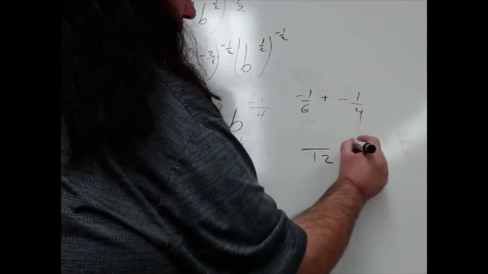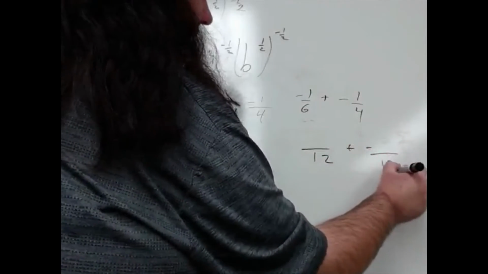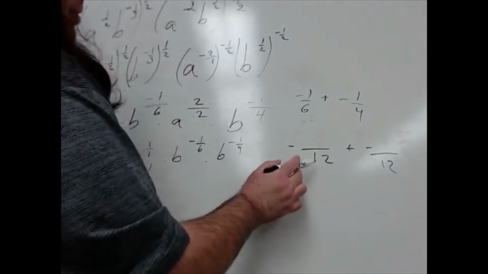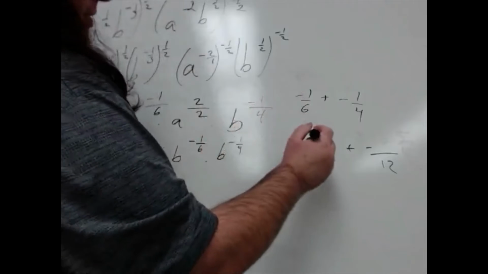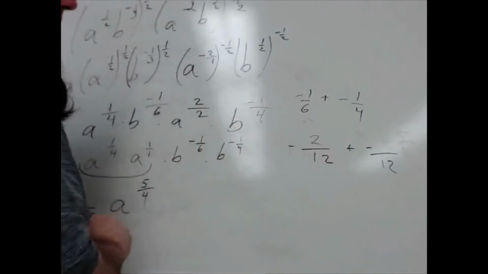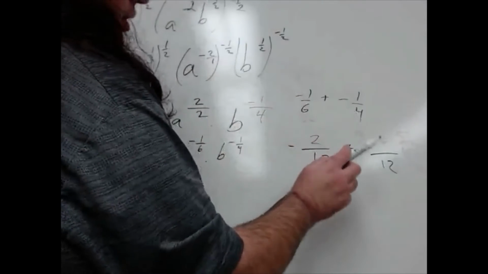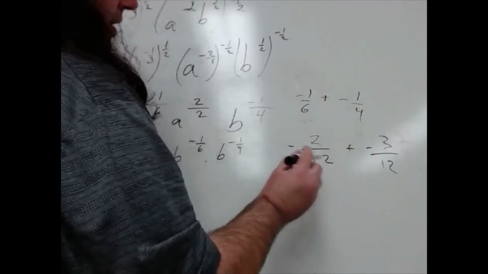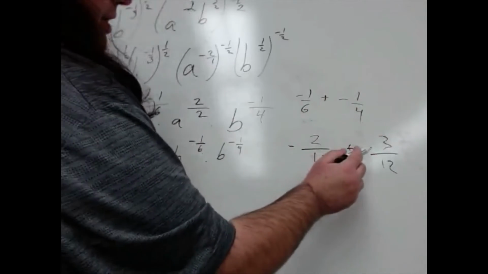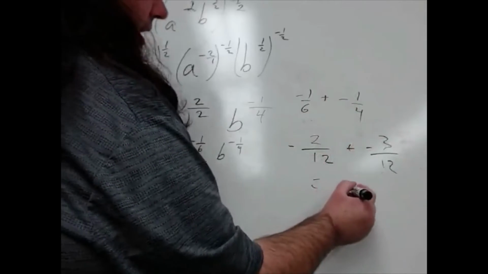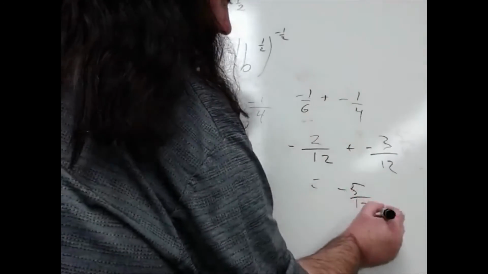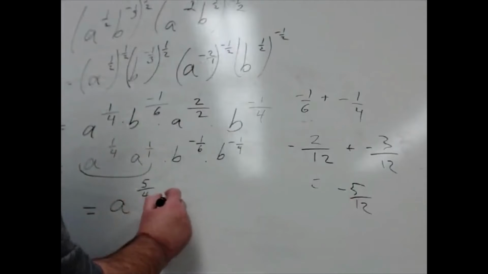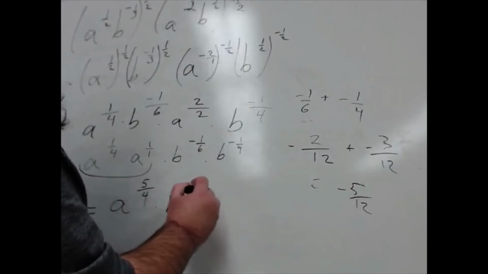So when I change that denominator to 12, 6 times 2 gives me 12, so that means I need to multiply the 1 by 2 to give me 2. And then 4 times 3 gives me 12, so I'll multiply the 1 by 3. Then negative 2 plus negative 3 gives me negative 5/12.